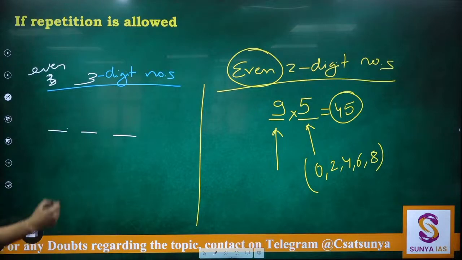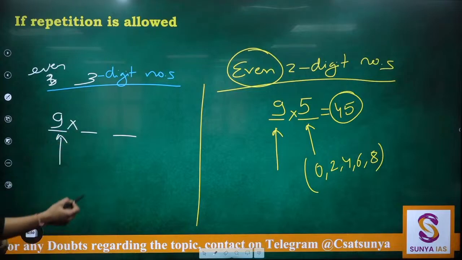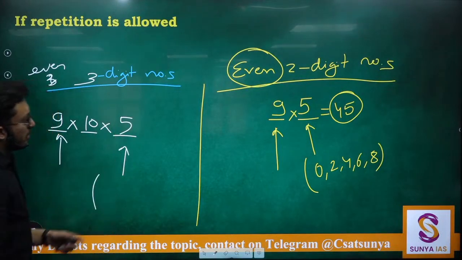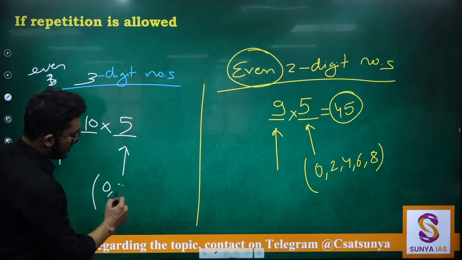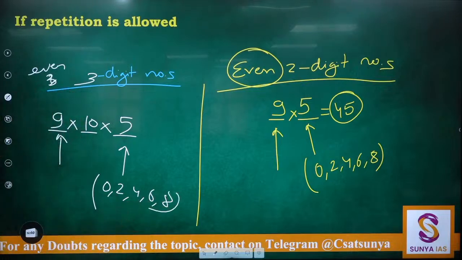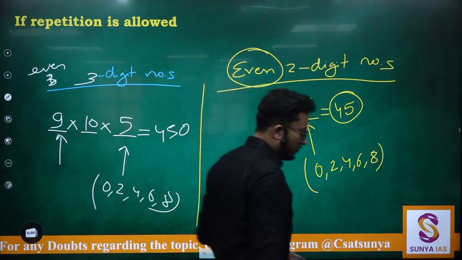Okay? For the first place, I cannot fill it with a 0. I have 9 options. Second place, 10 options. Why? Any number can be filled. Third place, how many options? 5. Why? It has to be even. If it has to be even, I have only these many options. Okay. So in total 450.